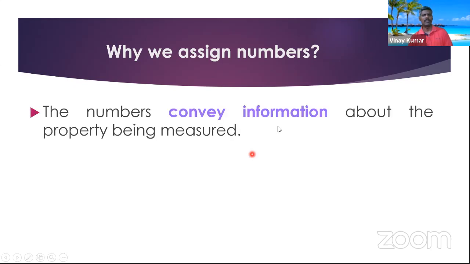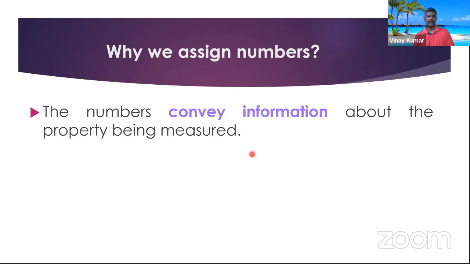We saw in the definition that the researcher describes the phenomenon and assigns the numbers. So what is the use of assigning the numbers? What is its utility in research? Here we see that numbers convey information about the property being measured, whether it is the attitude of a person, or I'm trying to measure his perception, or the marks of a student.